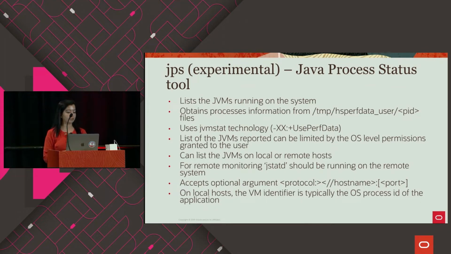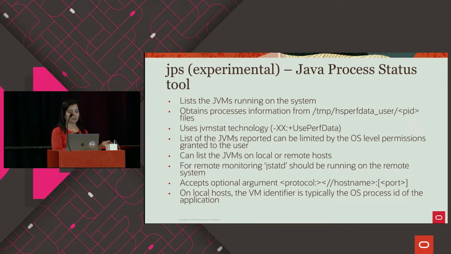This tool can list the JVMs running on local as well as remote hosts, and for remote monitoring there is another utility, jstatd, the Java jvmstat daemon, which should be running on the remote machine. For remote monitoring, it accepts an optional argument: protocol, host name and port number. When you start jstatd, making your process available for remote monitoring, you would specify a port number and the protocol that it should be using.